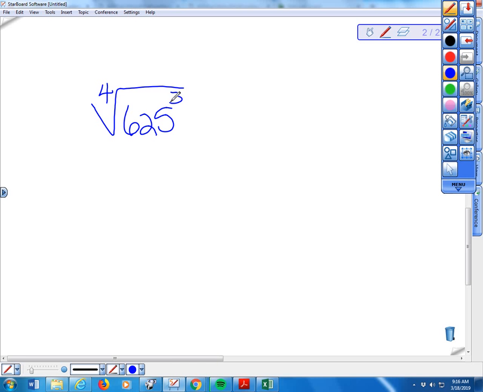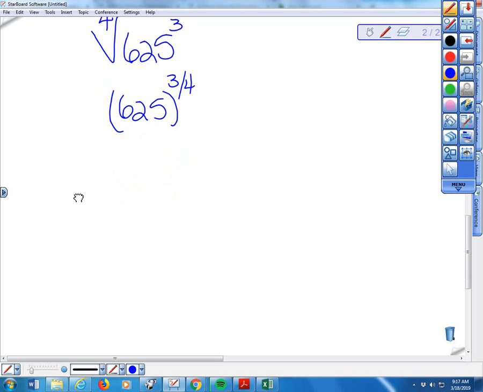It's 5 to the 3rd power, because this is 625 cubed raised to the 1/4. So I technically could put in 625, caret, parentheses 3/4. That little upside down V is called a caret. 125.